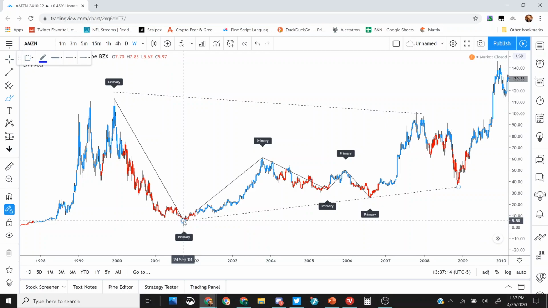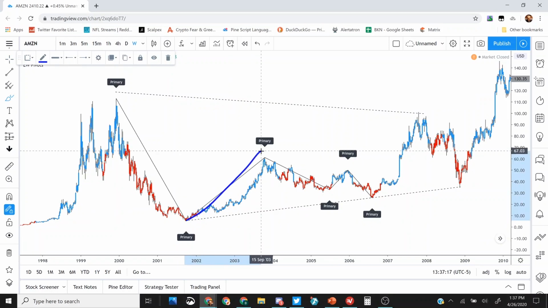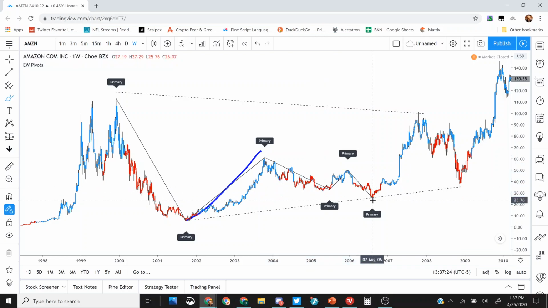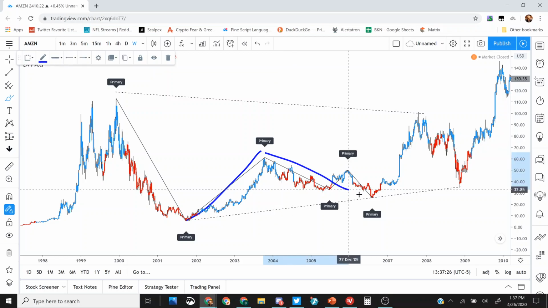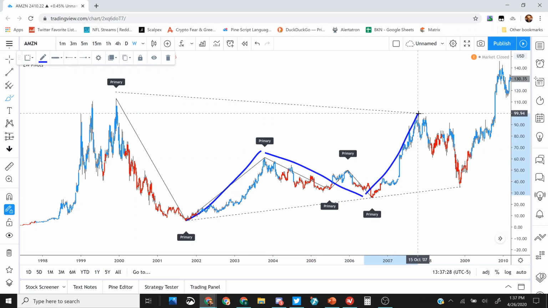So what we have on Bitcoin right now is a move up, an A, B, C, a move up, and a move down, suggesting A, B, C before the next move down.